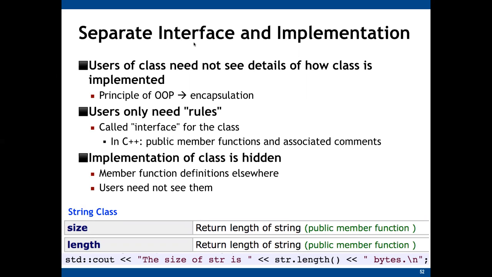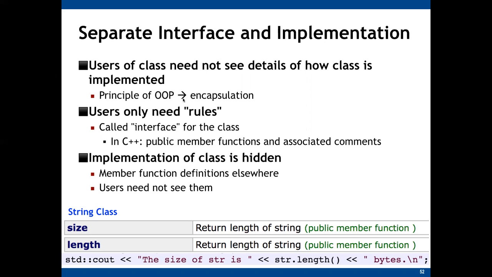The principle of encapsulation we learned in previous slides is about designing classes so that the programmer who uses the class need not know the detailed implementation of the class.